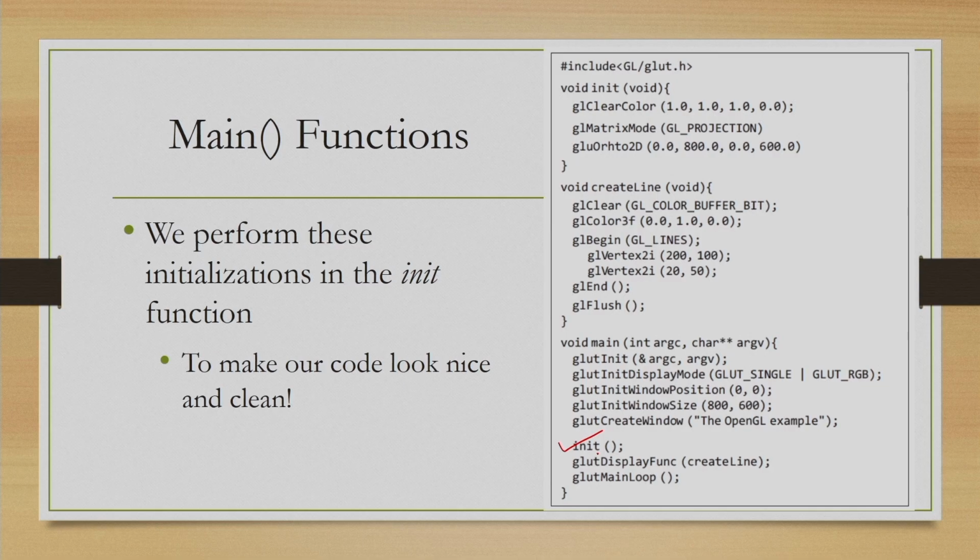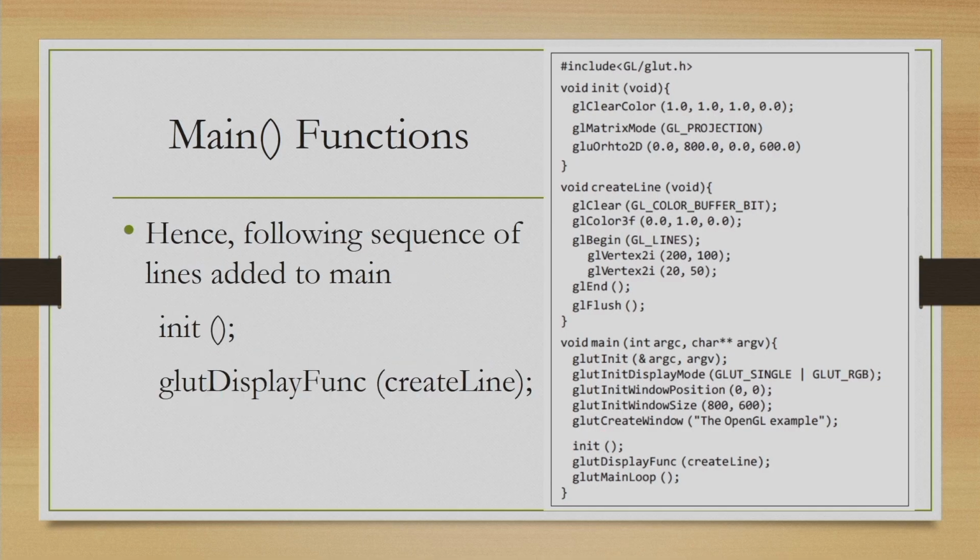Again, this init function is used to make our code look very clean, otherwise we could have used it in a different way, and we will come back to this function later. So, in order to keep the code clean and to indicate that we want to display a line on the window, we add these two lines, init and glutDisplayFunc as shown here.